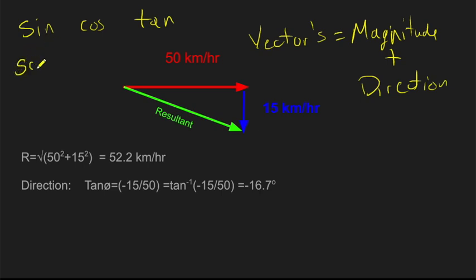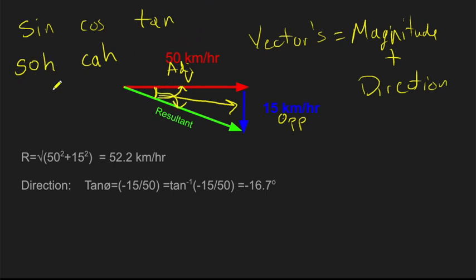Sine is the opposite over hypotenuse. Cosine, CAH, is the adjacent over the hypotenuse. If I'm trying to find this angle, my opposite is the one opposite that angle. So this would be my opposite, this one is my adjacent, and my hypotenuse is always the long leg.